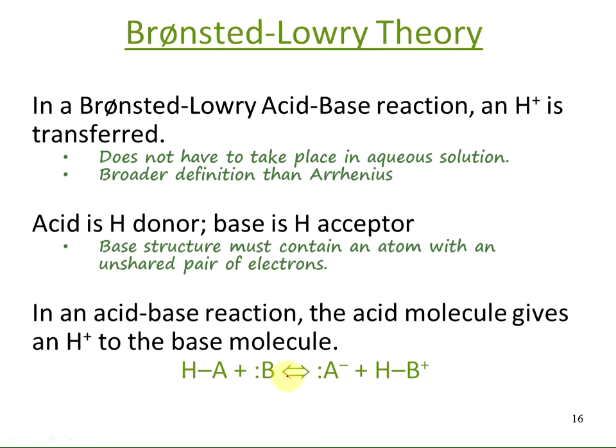So as the HA loses the H+, it leaves behind its electrons, so the A now has a negative charge and it's got a lone pair left on it. And now the base is protonated with the H+. When you add an H+ to the B that's neutral, the base that's neutral, it now has an overall positive charge, so it's HB+.